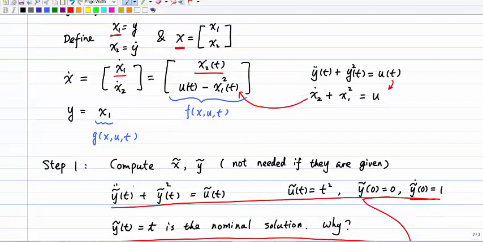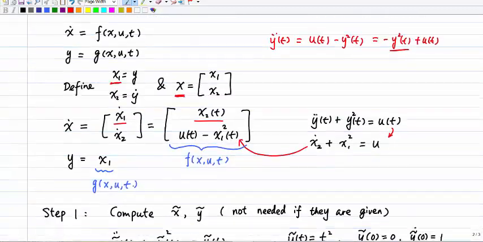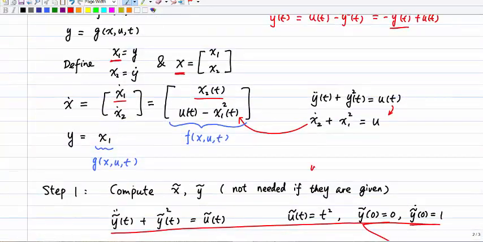When given the initial value, u tilde(t) is t squared, and I get x tilde(0). The initial value will be y(0) and y dot(0).